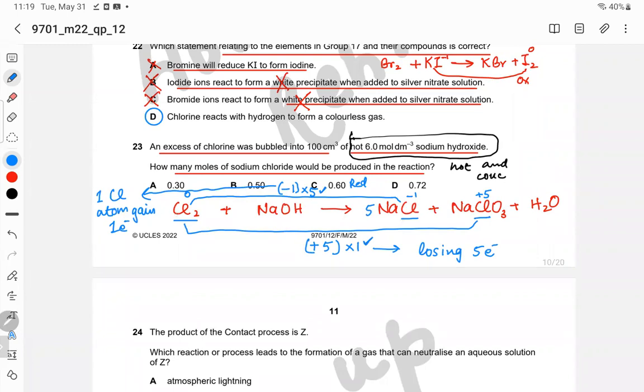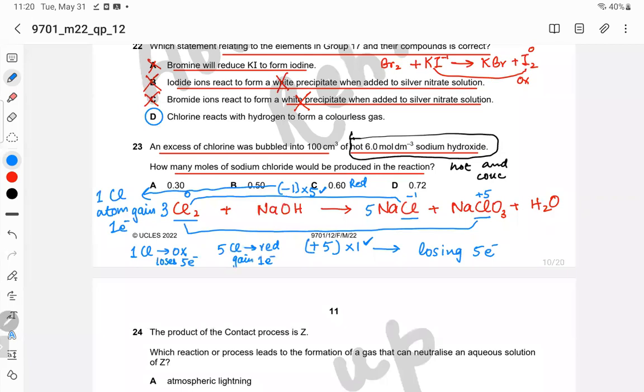So if there are 6 chlorine atoms on the reactant side, we have to put 3 over here as a coefficient to make it 6. And out of these 6 chlorine atoms, only 1 chlorine atom undergoes oxidation and loses 5 electrons, and 5 chlorine atoms undergo reduction and gain 1 electron. Now, is it understandable to everyone?